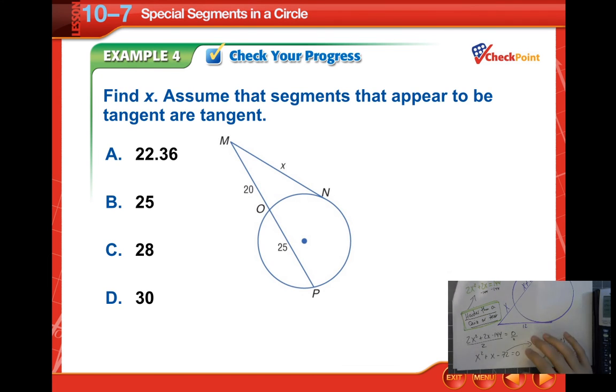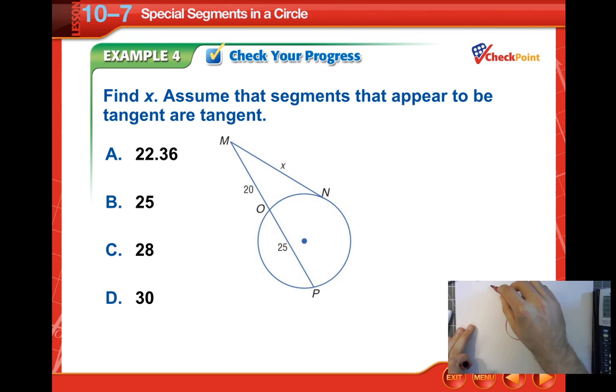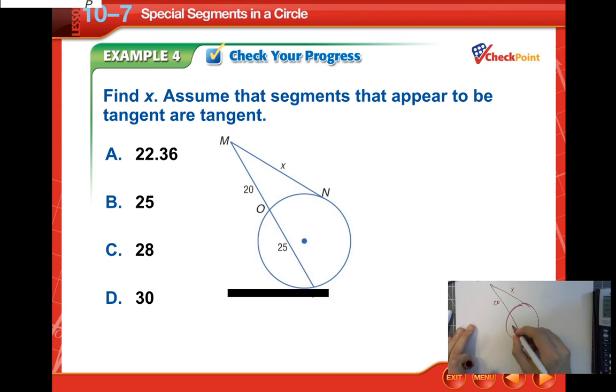Perfect. Let's do this one together. This one looks like a better problem for what you should expect on something. We have a circle. We have a secant over here and a tangent here. Our tangent's x. This is 20 and 25.